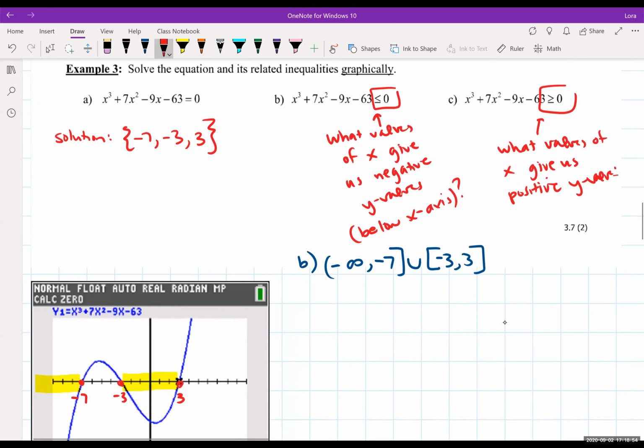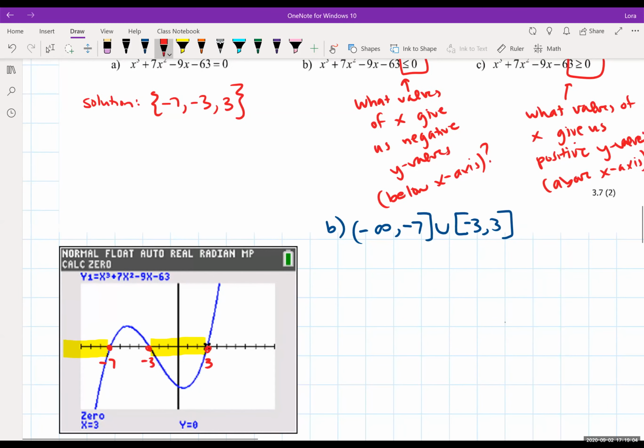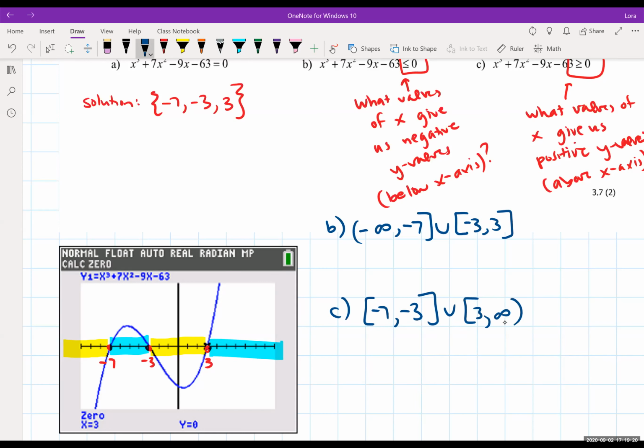In other words, we're looking for above the x-axis. We can see right away, it's the region we didn't address yet. For part C, we should have -7 to -3, and then another region all the way out, union, 3 to infinity.